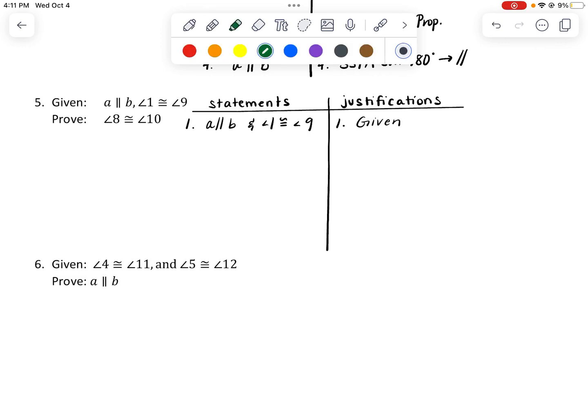Something you may want to know: if you're given parallel lines, you can use the regular theorems. If you're trying to prove parallel lines, you can only use the converse one time. So just something to keep in mind.